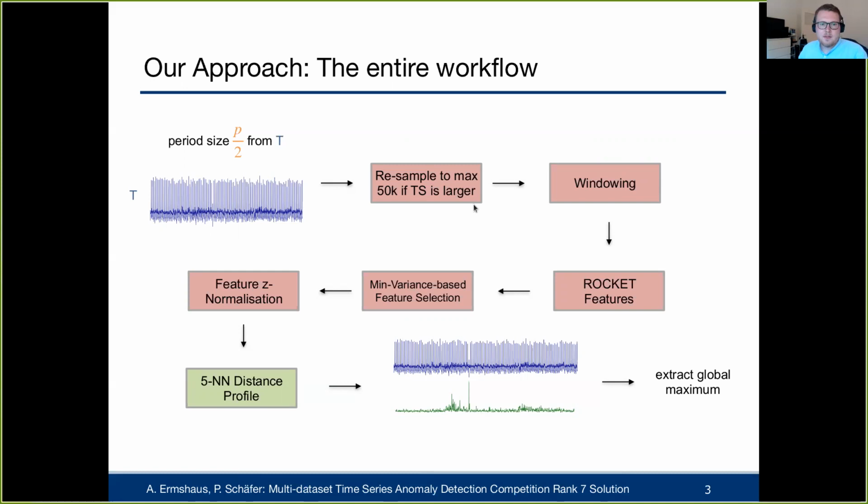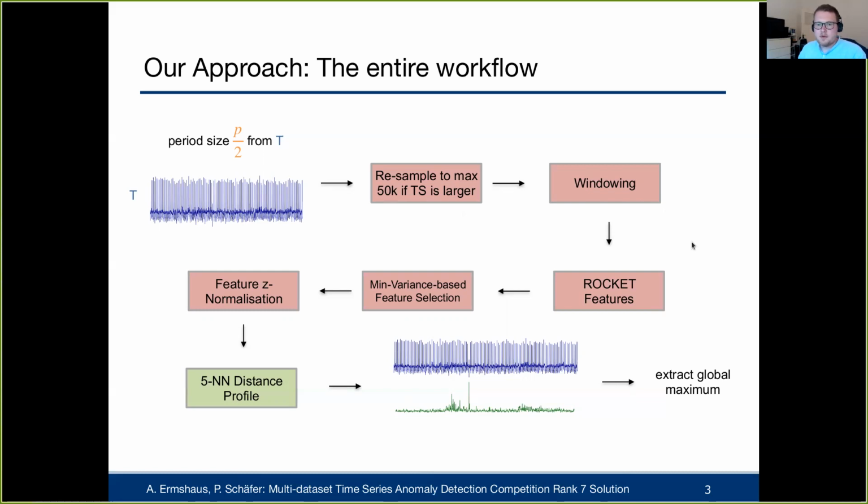We resample the time series to 50,000 data points if it is larger than 50,000 data points, simply because the nearest neighbor computation becomes infeasible for larger time series given our computational resources. And then we window the time series into the overlapping subsequences.